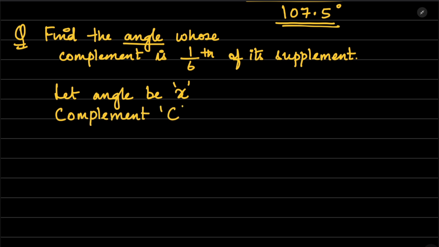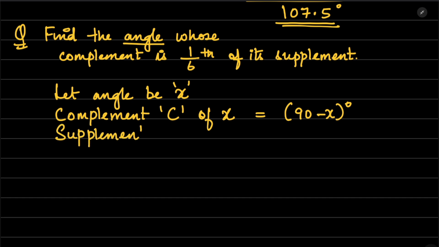I'm just going to write it as C. Complement of x will be 90 minus x, as you all know. What is the supplement of x? Because you also need that. So supplement, I'm just going to denote it with S. Supplement of x is nothing but your 180 minus x. Right? These two are clear.